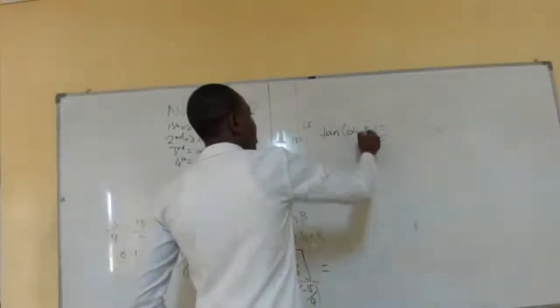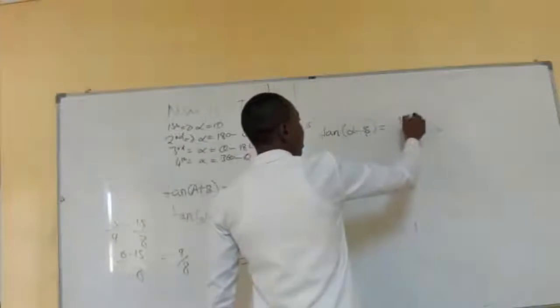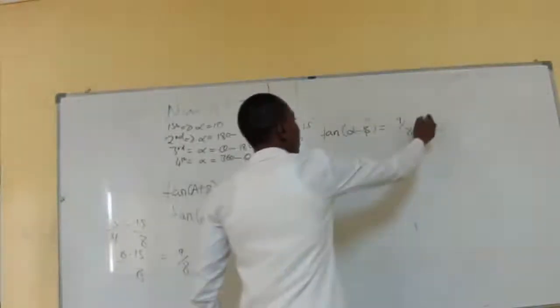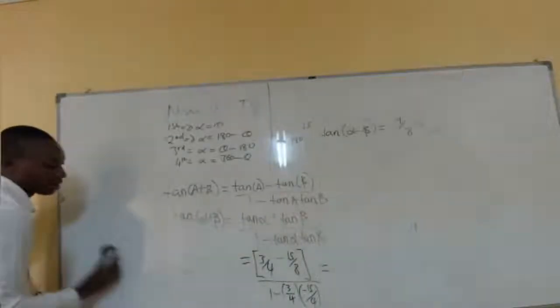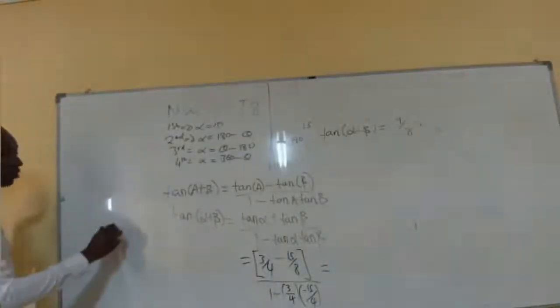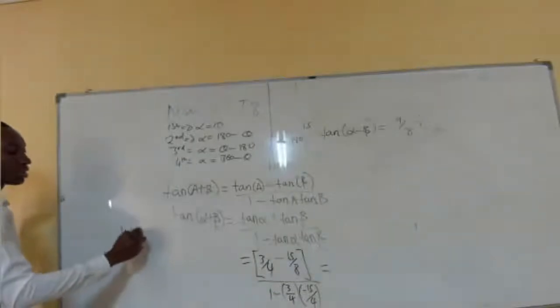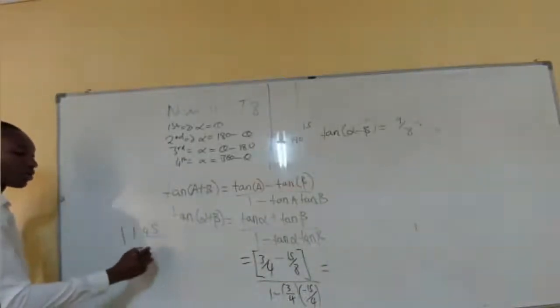So the numerator is now negative 9 over 8, then divided by, we now need to find the denominator. The denominator is going to be positive, so we have 1 plus, this is still going to be 45 over 16.